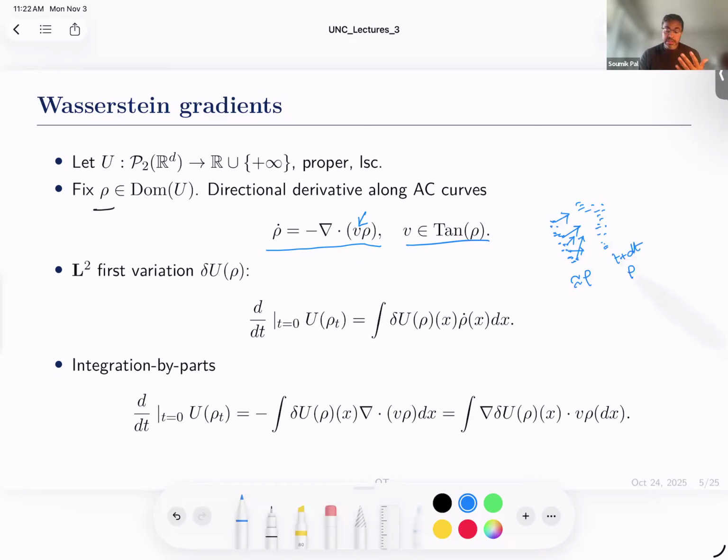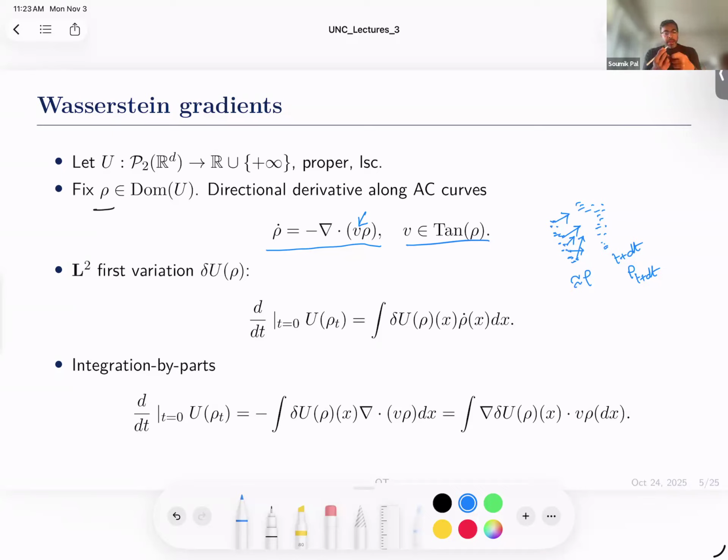And whatever it is, that's my rho_{t+dt}. So this velocity field, the tangent velocity field v, is telling me how my curve of probability measures is evolving with time. And so I just need to know what it is at time t equals 0. That's why I'm writing in the short form, rho dot is minus divergence of v times rho.